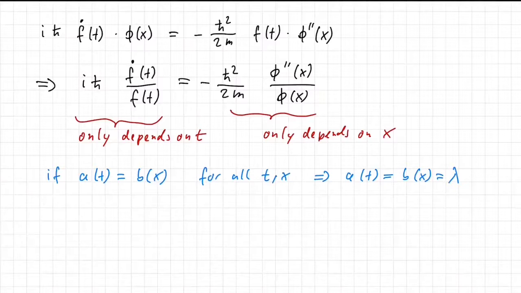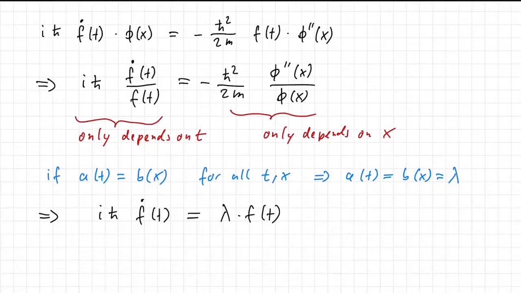Knowing that the left-hand side equals a constant and the right-hand side equals a constant, and it actually has to be the same constant because left-hand side equals right-hand side, we arrive at two new differential equations, namely i h bar f dot of t equals lambda times f of t. I brought the f to the right-hand side. And additionally, we have minus h bar squared divided by 2m phi double prime of x equals lambda phi of x.